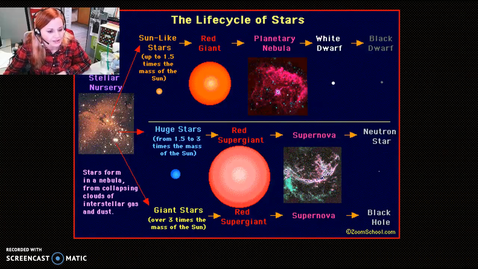Well, a neutron star is going to form from a bigger star, something that's about 1.5 to 3 solar masses, so bigger than the sun but not super huge. Anything that's greater than 3 solar masses will form a black hole. So let's talk about the difference between a neutron star and a black hole.